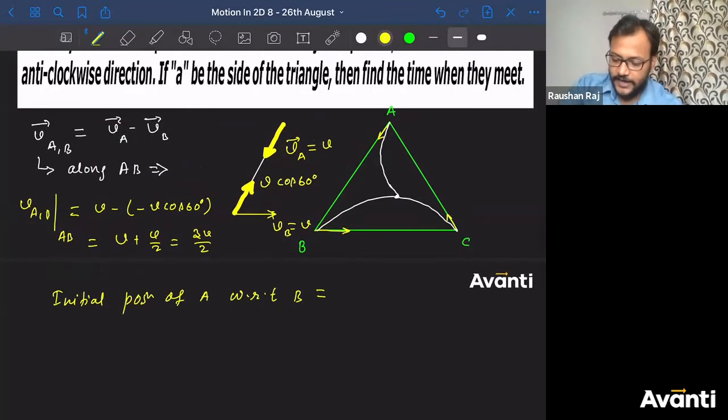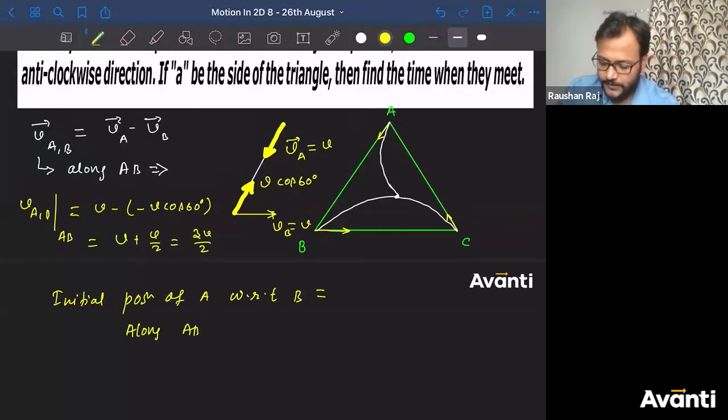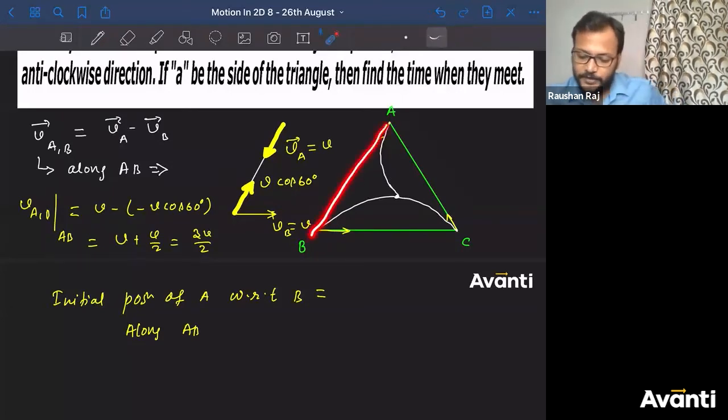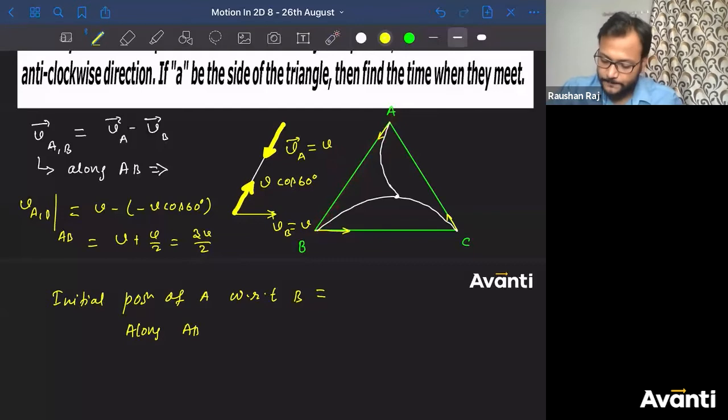Can I say, if I'm talking about along AB, everything I'm talking about along AB only. What is the distance? So the distance between A and B is what? Look, B and A are separated by a distance A here. So along AB, I'll say the initial position of A with respect to B is A. Along AB only. No problem.